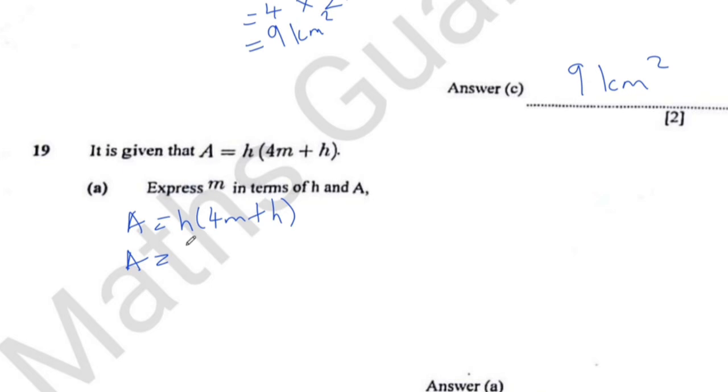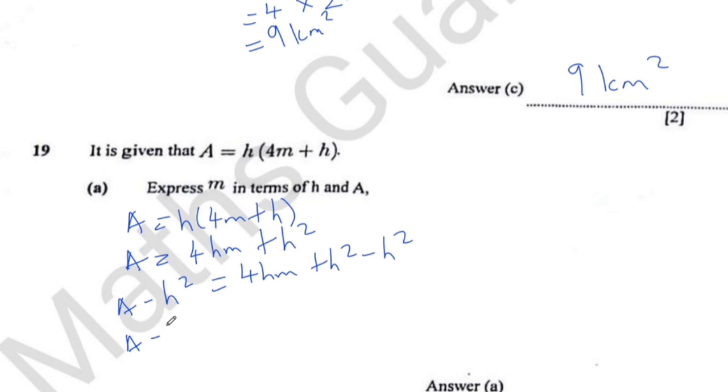So let's expand first. A is equal to 4mh plus h squared. Then we subtract h squared from both sides. A minus h squared is equal to 4hm. Next we divide by 4h so that we have m as the only term on the right.